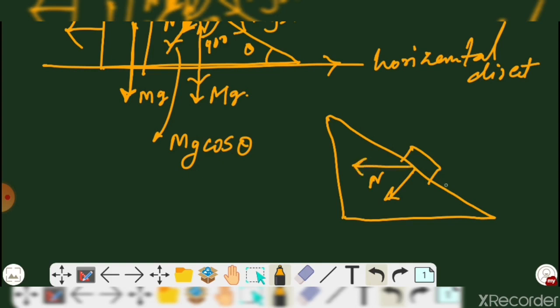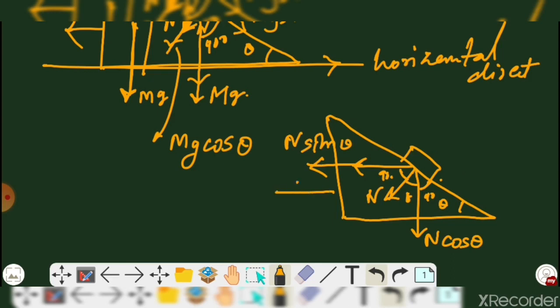One component will be like this and one component will be like this, for the N. Here it is theta, here it will be 90 minus theta, so here you will consider N cos theta, and here N sin theta.